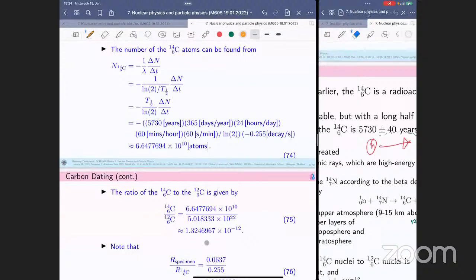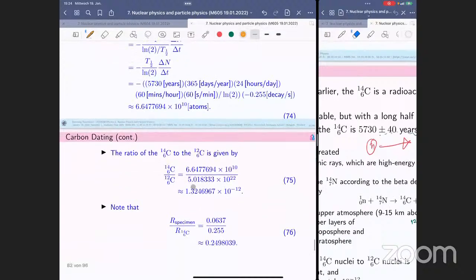We get the ratio. It's on the order of 1 in a million. You could find one piece of carbon 14 among about 1 by 3 million candidates of carbon 12.